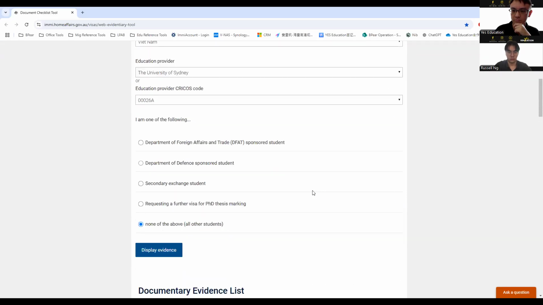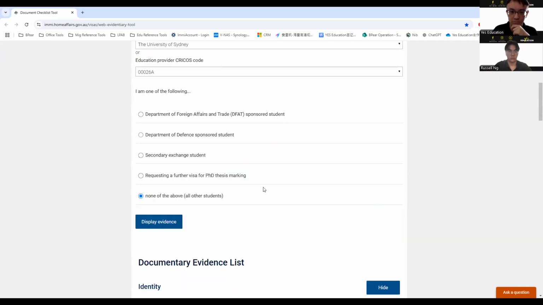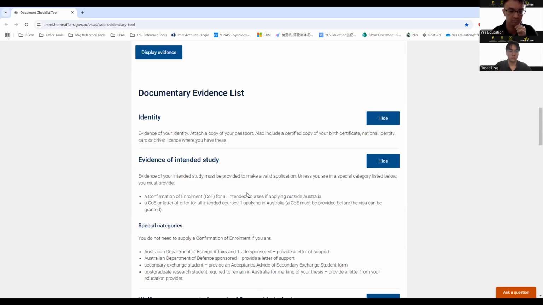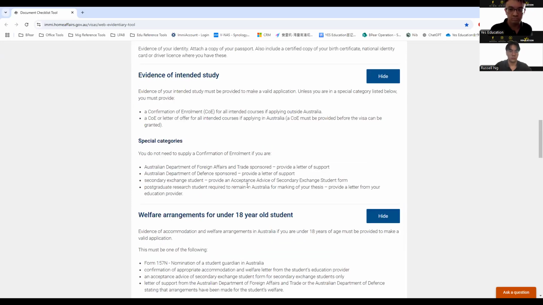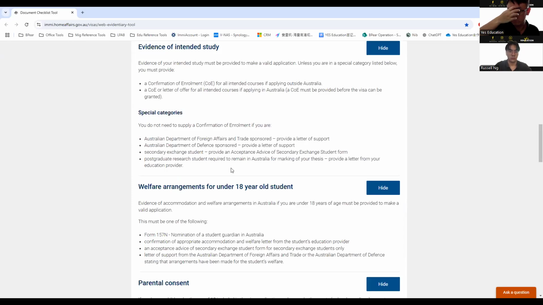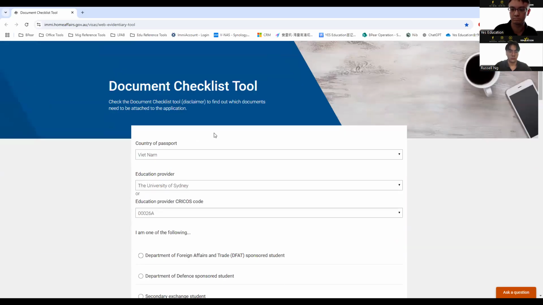Maybe some of you have noticed that there is one thing that we always hear about that isn't shown here. That is the financial evidence. That usually changes. The minimum requirement of financial evidence changes depending on the student's country plus the university that he or she applies for.